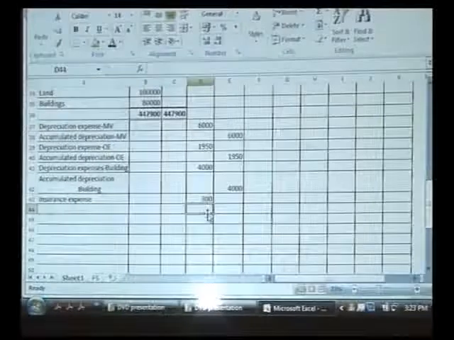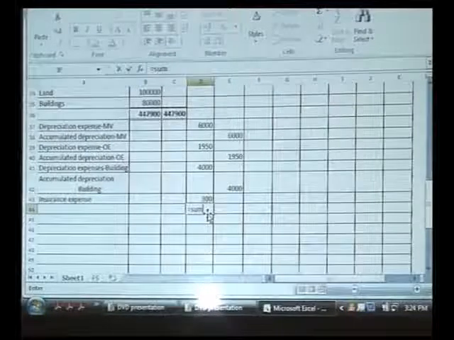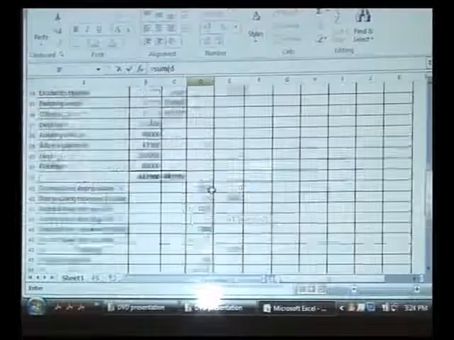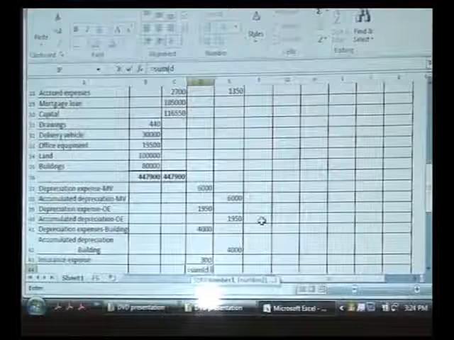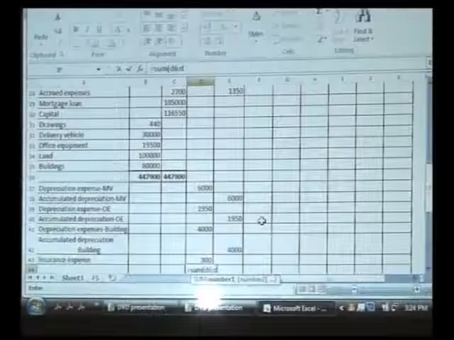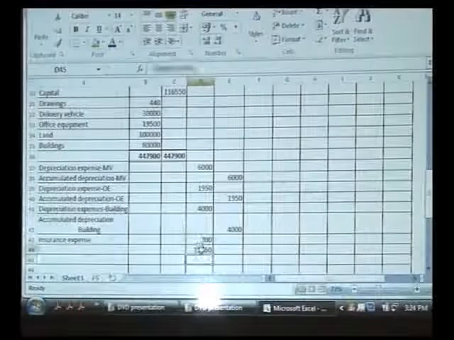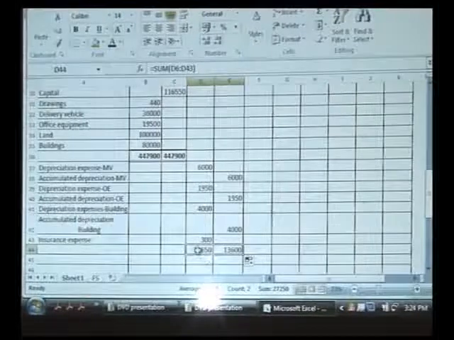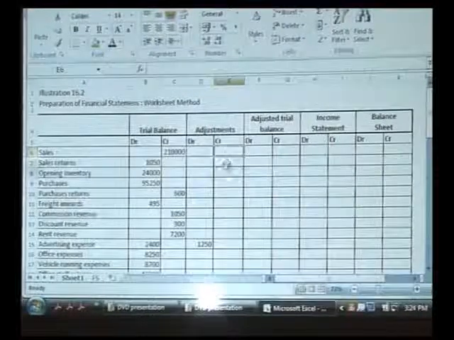Now we can find the total and see the accuracy. $13,600 debit and $13,600 credit. So that means we made the double entries correctly.